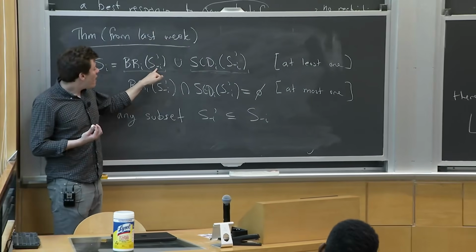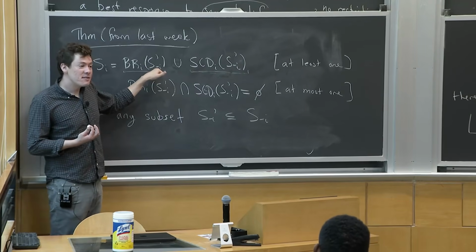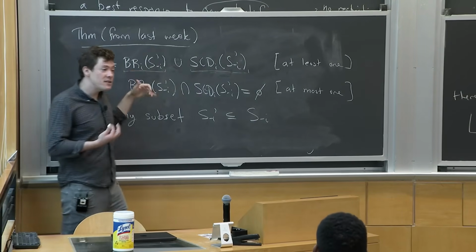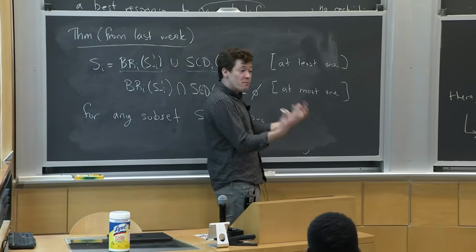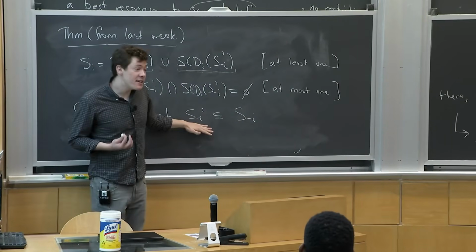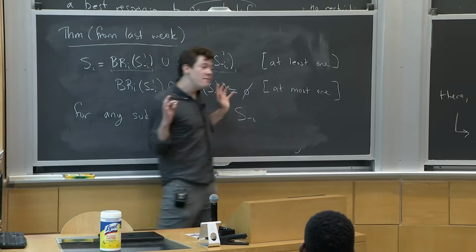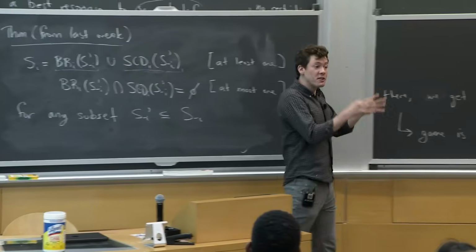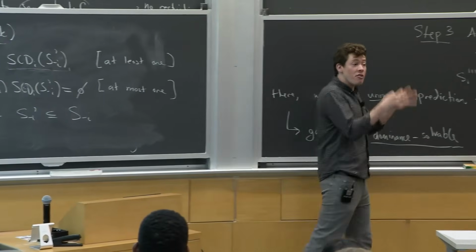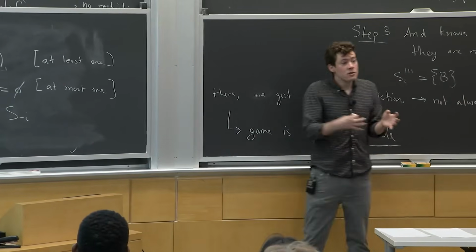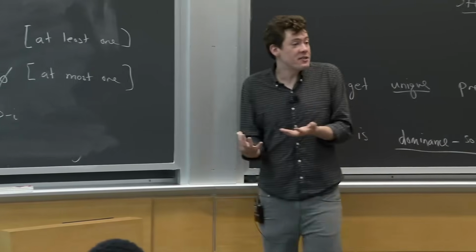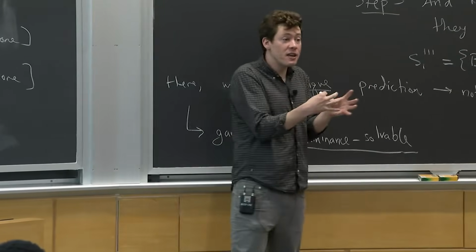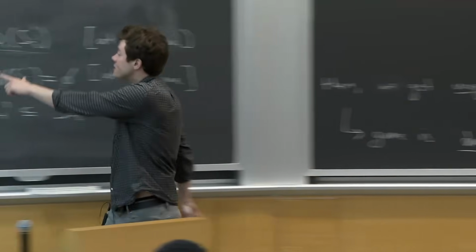Well, I'm not allowed as many beliefs. This is the set of all strategies that are best responses to certain beliefs. If I shrink the set S negative I prime, I'm narrowing down the strategies that my opponents might play, which narrows down the beliefs I might hold. So how many strategies do I have that are best responses to this smaller, narrower set of beliefs? Fewer strategies. So this set is going to get smaller.